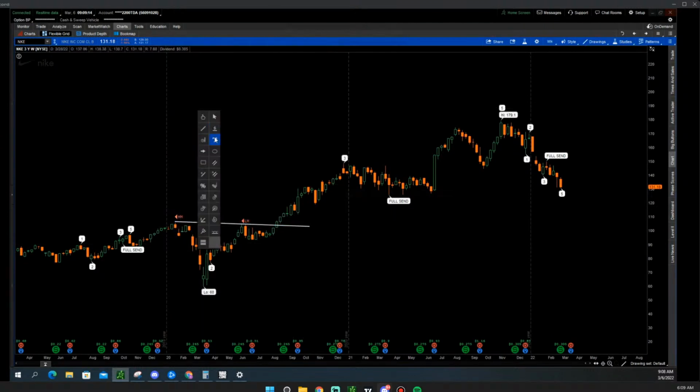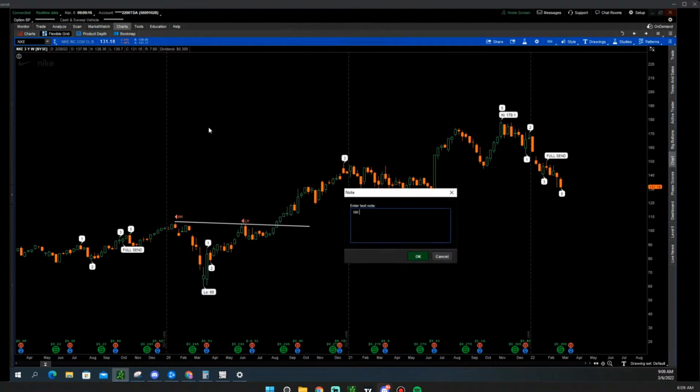We know, all of us probably in here, higher high plus higher low is what? Bullish. Lower high plus lower low equals bearish.